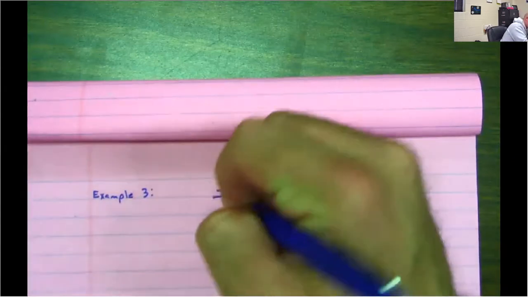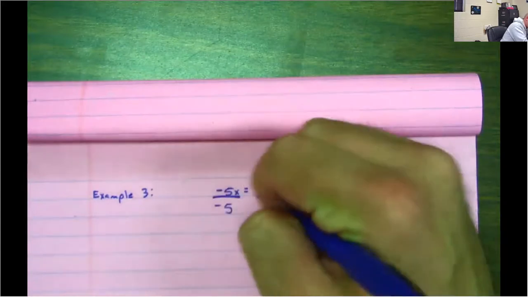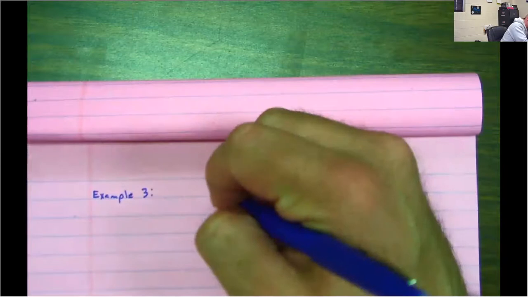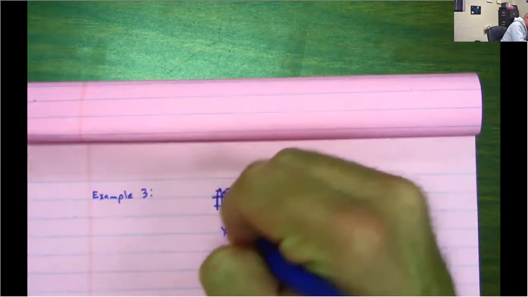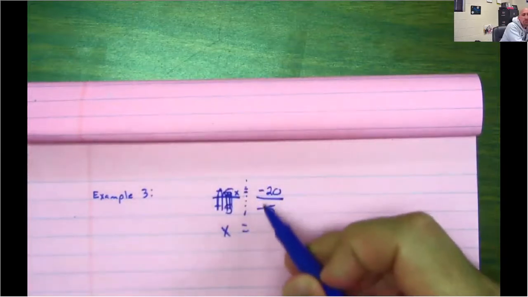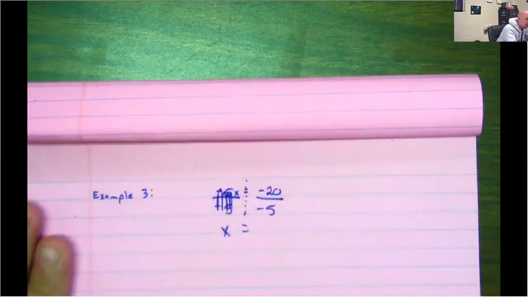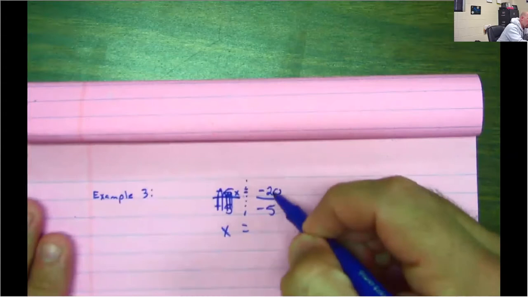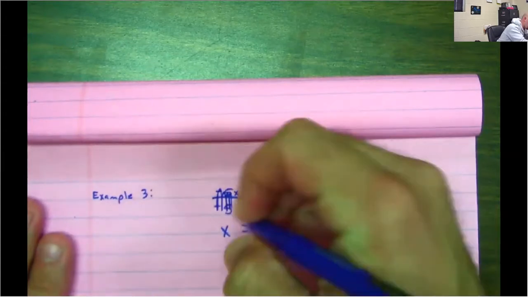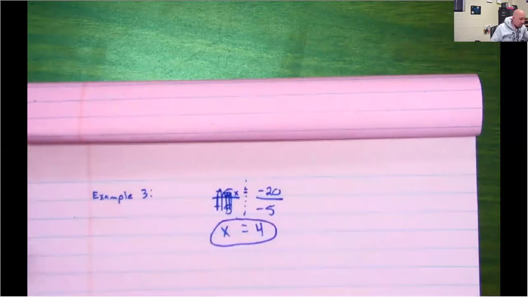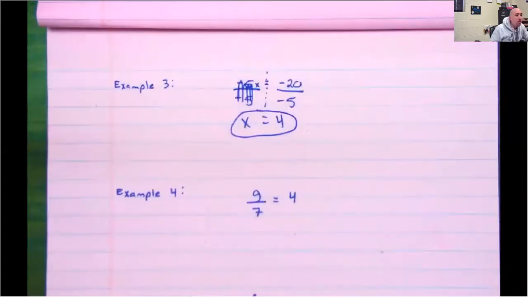Inverse of multiplying is to divide. Again, what you do to one side, do to the other. Ooh, signs are the same. Again, when the signs are the same, when multiplying or dividing, the answer is positive. 20 divided by 5 is 4.